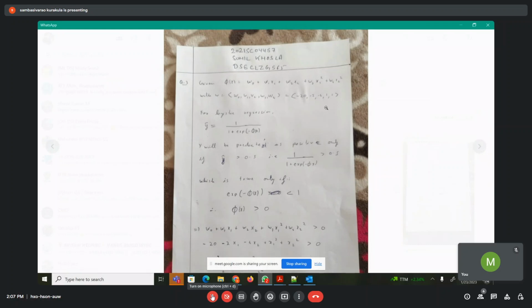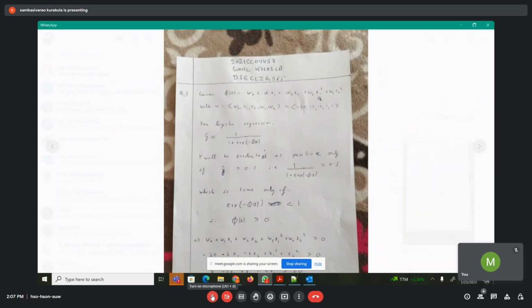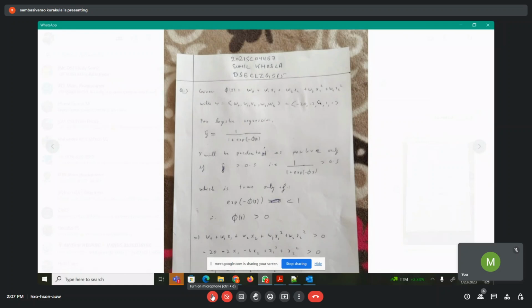So that is theta transpose x, right? We will not have x square anywhere. But these people have given a different equation. Let us say if theta x is like this, how will the decision happen? They want us to understand the crux of it. That's why they have changed the equation itself.